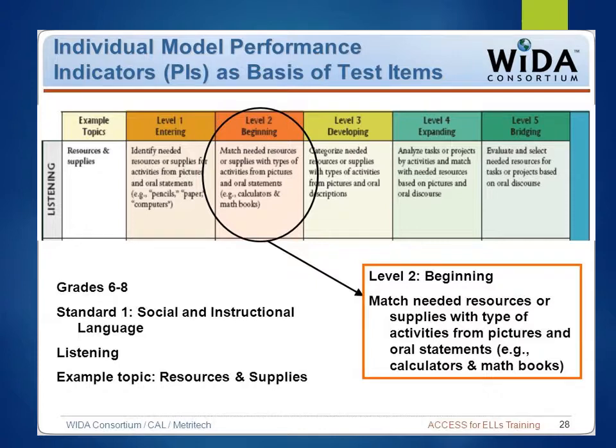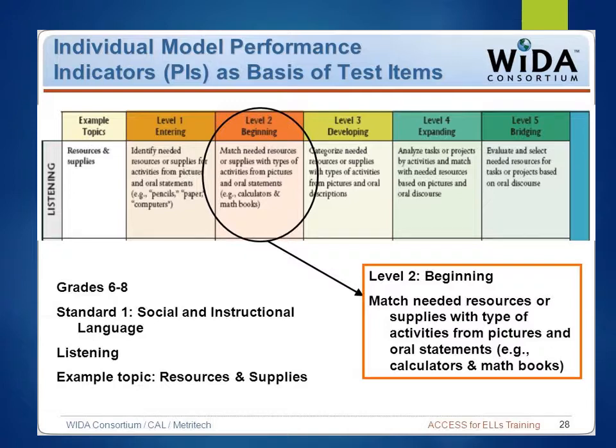And these modes and processes are more in line with his level 2 language proficiency. So instead of creating some type of constructed response, he's going to do a select response of matching resources and supplies using pictures and simpler oral statements, okay, to determine what resources are the best resources for certain types of activities.